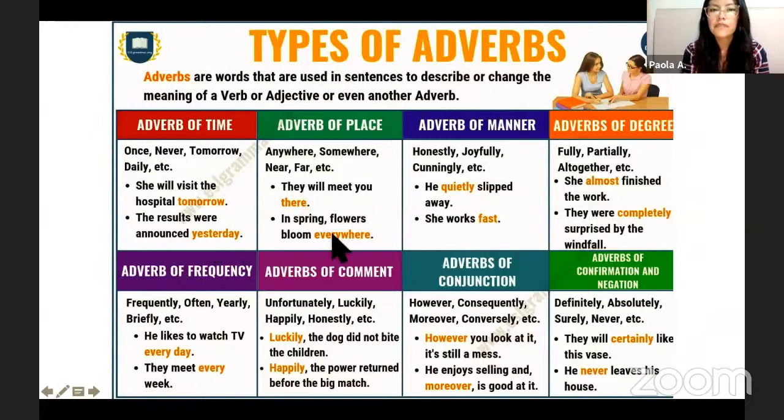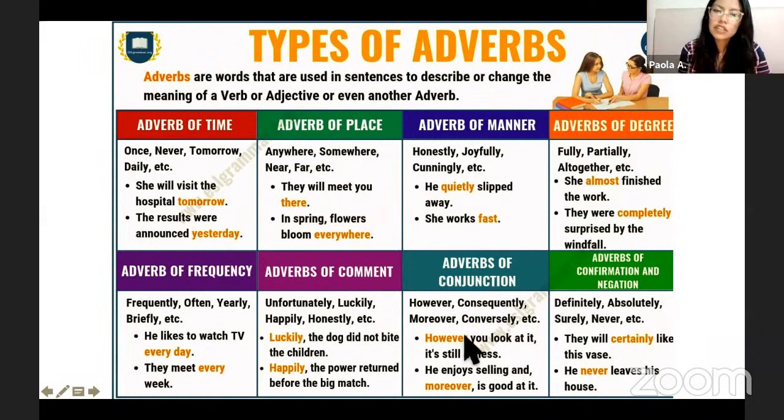Adverbs of place: everywhere, there, etc. We're talking about a location, maybe. Adverbs of, I'm going to skip the one we're going to see today, okay? Of degree, like utmost, completely. We're talking about if something is maybe halfway, fully, partially. That's of degree. Frequency: every day, every week, every month, every year, etc. Comment: luckily, happily, unfortunately, etc. That's to make comments, not to complete a conversation.